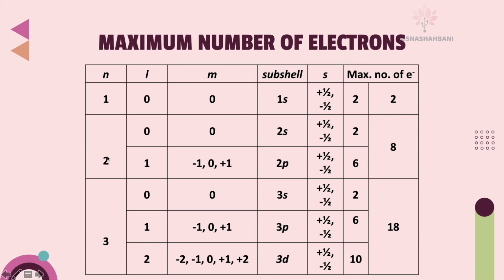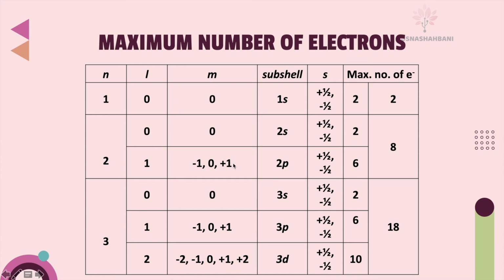For n equal to 2, L can be 0, L can be 1. If L is 0, m is 0, 2s, positive half, negative half, 2 electrons. And if L equal to 1, our m is negative 1, 0, positive 1. The m values are negative L until positive L, so our L is 1, the values are negative 1, 0, positive 1.